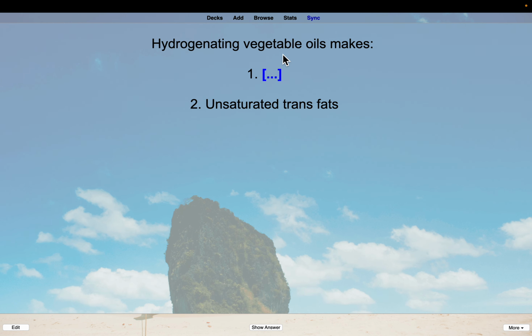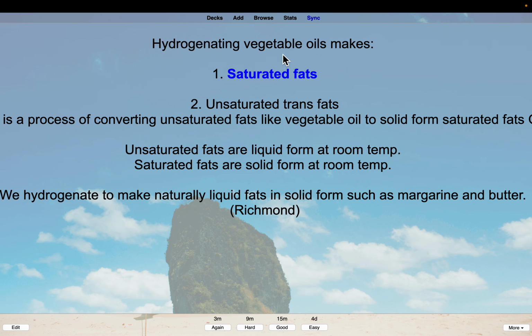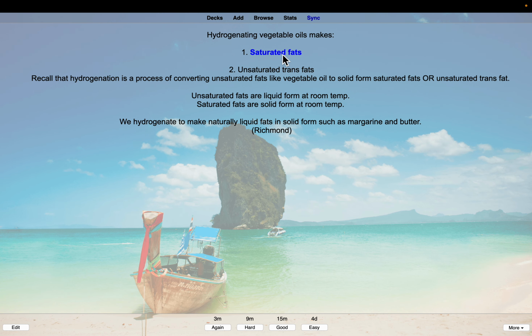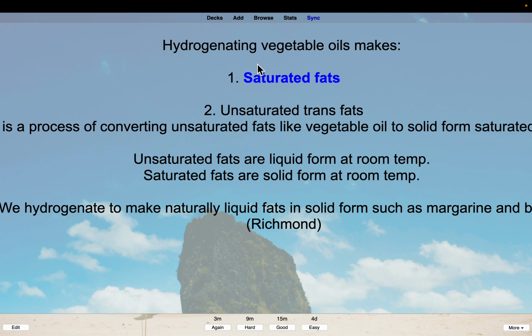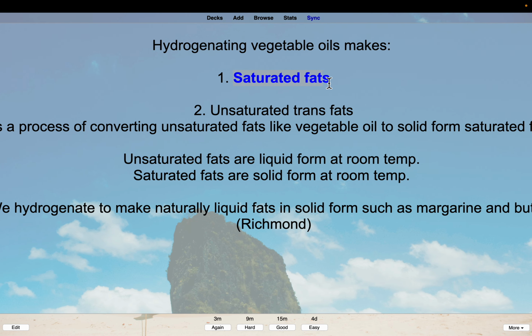Okay. Hydrogenating vegetable oils makes saturated fats. So it was mentioned earlier that in saturated fats, there's only single bonds. Therefore, there are a lot of hydrogen atoms. The more hydrogen, basically, the more solid the structure is. That is for saturated fats because, again, they are solid.